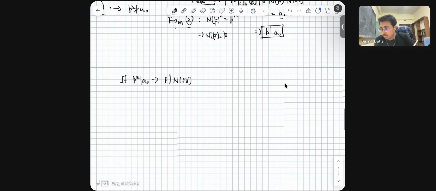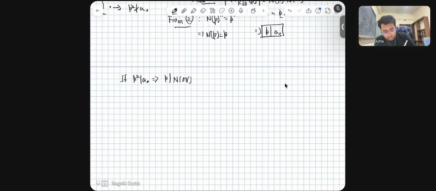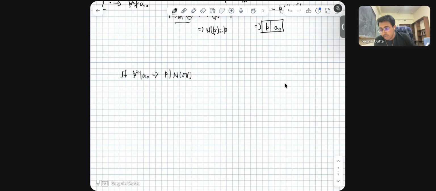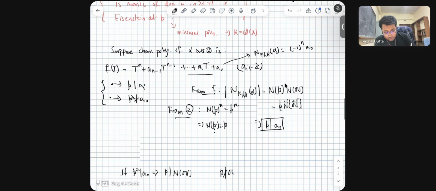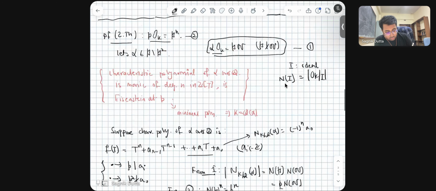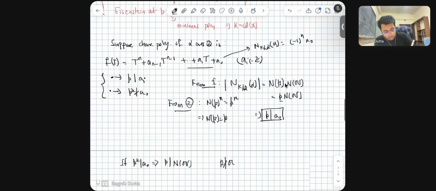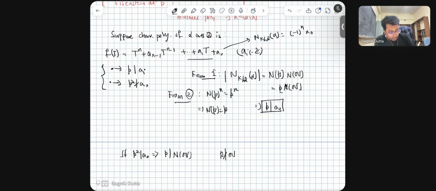That means p is a prime that divides the norm of q. But we know that p doesn't divide q.